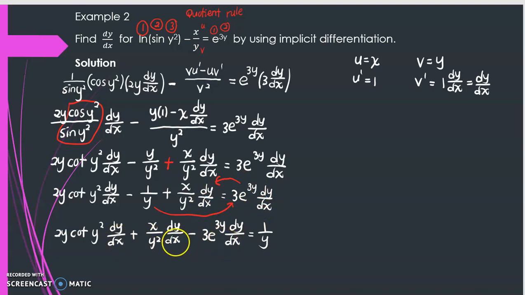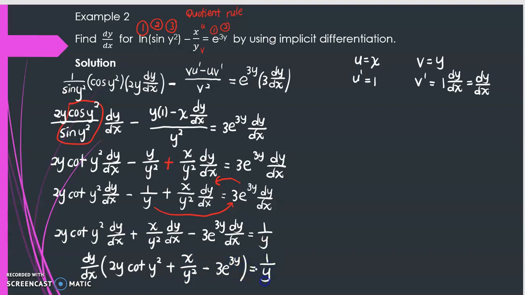Finally, here we have the dy/dx. We can factorize the dy/dx. So dy/dx in a bracket. From here, I should have 2y cotangent y² plus x over y² minus 3 e^(3y) equals 1 over y. So finally, I divide by this bracket to the right hand side.